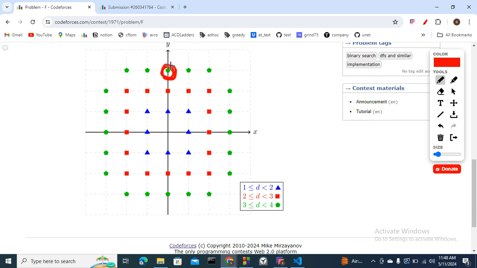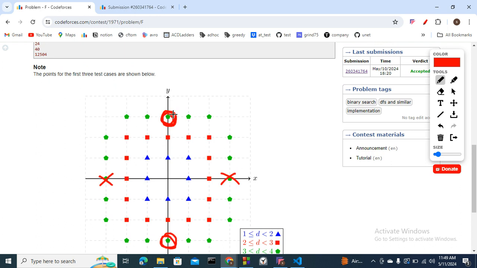So for this point, we can only consider this in the answer, and for this point, we can only consider this in the answer. So when x equals 0, or low equals 0, in this scenario the point only contributes 2 times, and in all other cases the point will contribute 4 times.